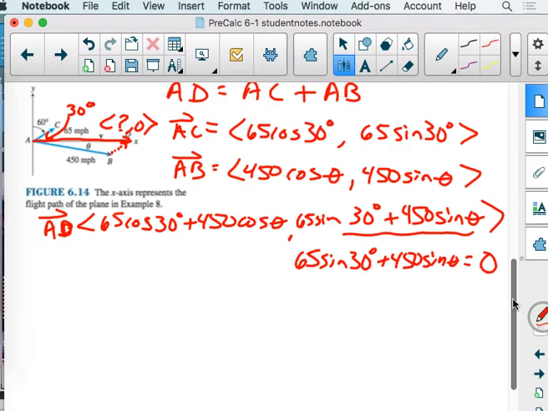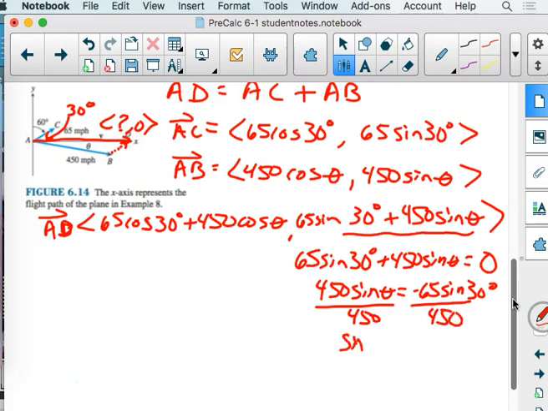Well, let's go ahead and move that 65 sine of 30 over to the other side. 450 sine of theta equals negative 65 sine of 30 degrees. Divide by 450. Sine of theta equals negative 65 sine of 30 degrees over 450.